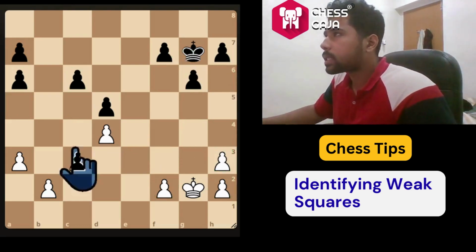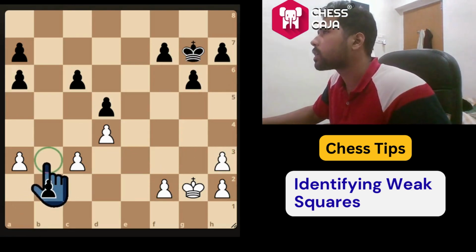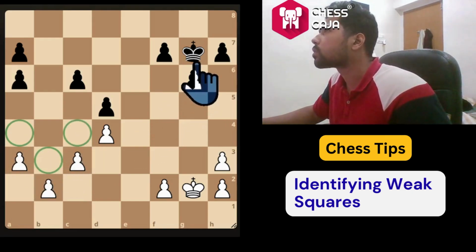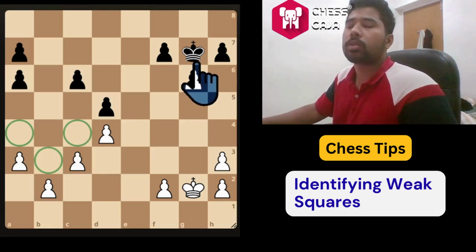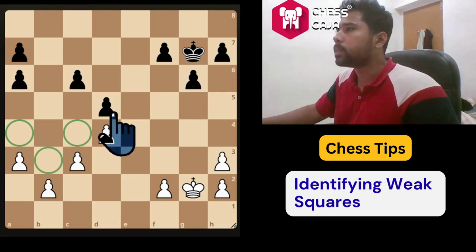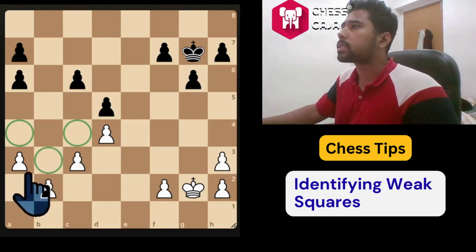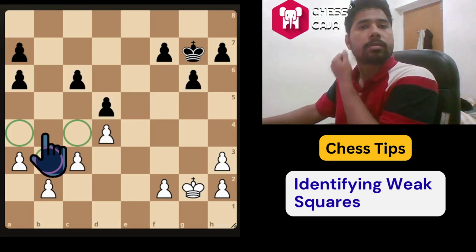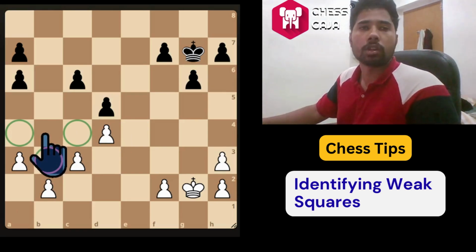Similarly, in white's camp also, there are weaknesses like a4, b3, and c4. Even though they are not weak now, they can be occupied by one of black's bishops or knights and can be rendered weak in future if white is not careful.